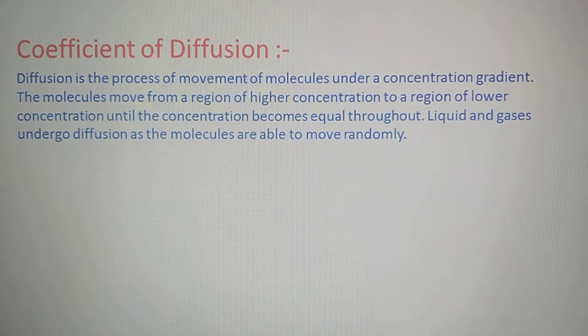It may be a vessel or any chamber. This kind of process is called the diffusion process, and it happens in gases and liquids, because in gases and liquids the molecules are able to move randomly. This does not happen in solids, right?